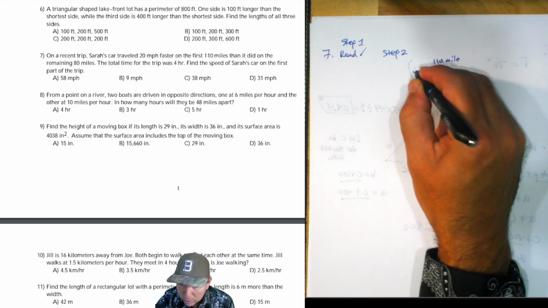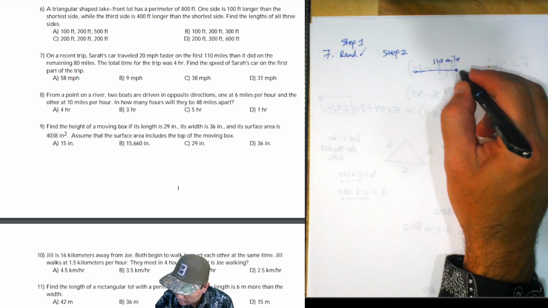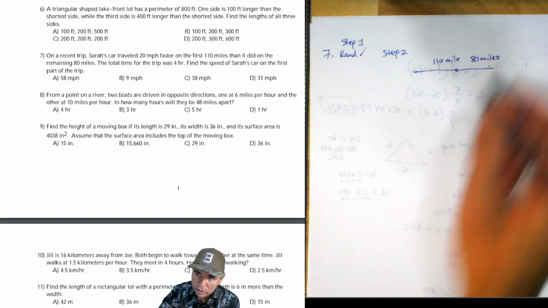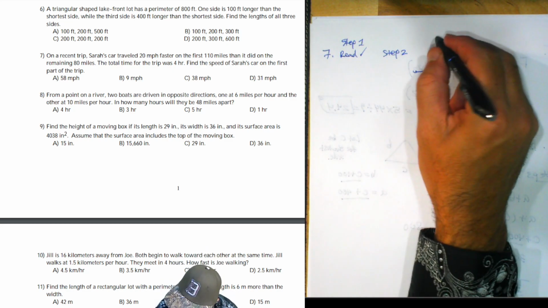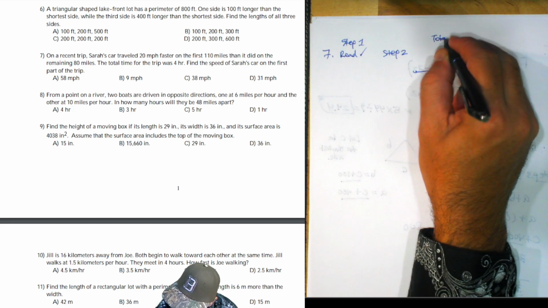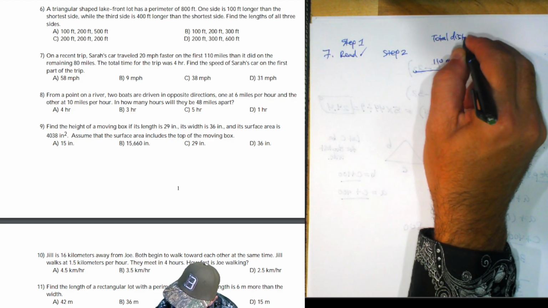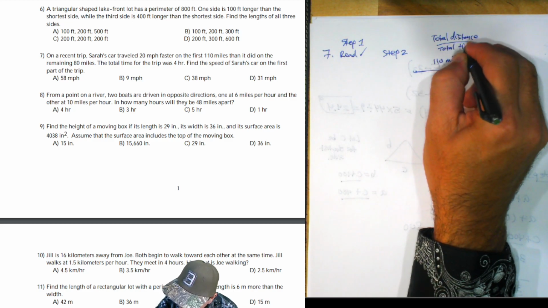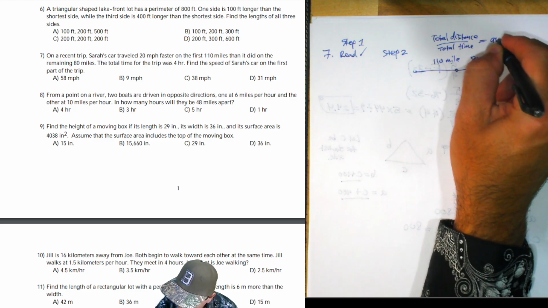Then it traveled 80 more miles, right? Okay, what you need to know now is that total distance divided by total time equals average speed.